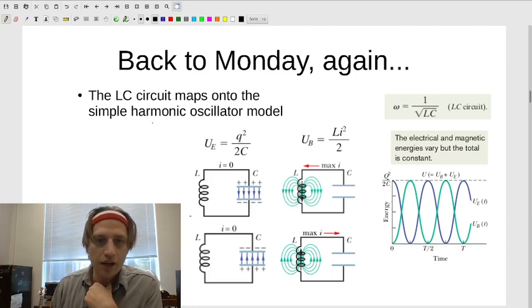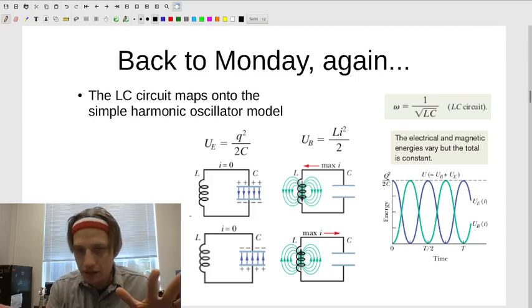And this is sort of an idealized system because it doesn't have any dissipation of energy or anything.